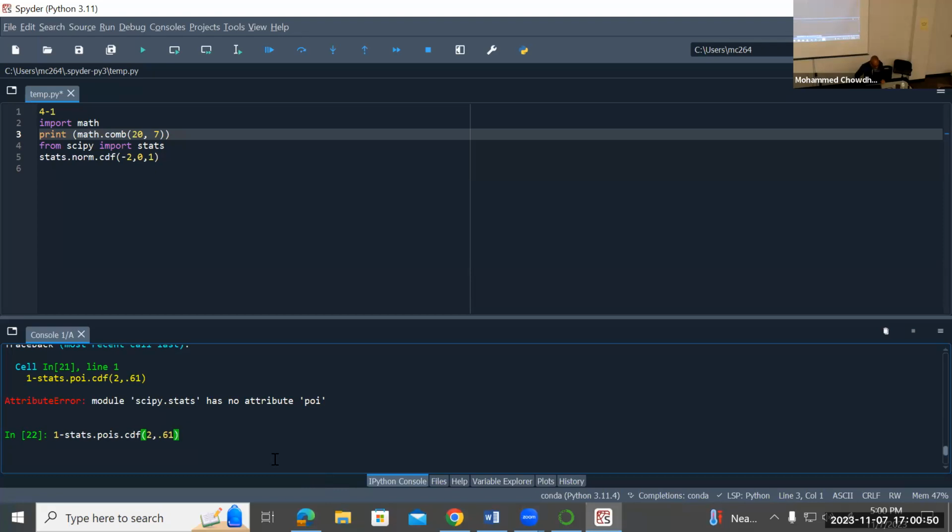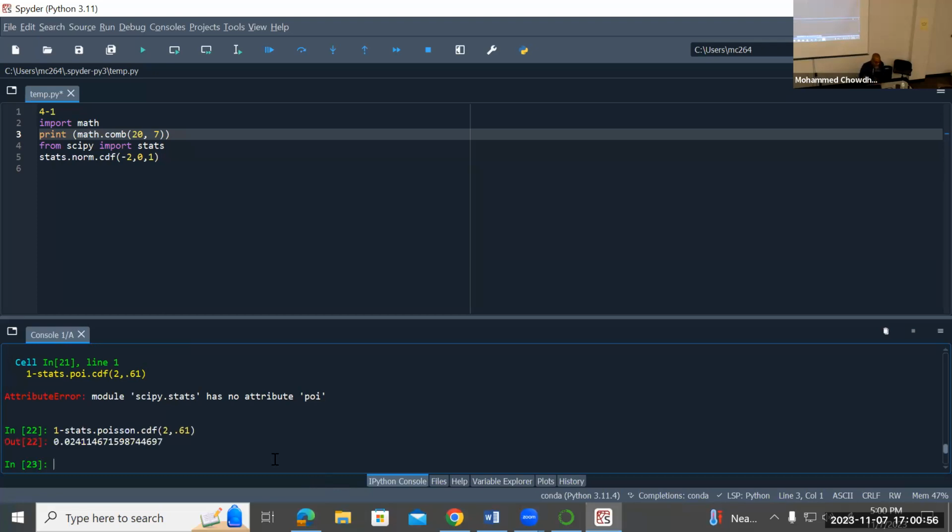Let's see if it is. Yep, I found it. It's just Poisson. For example, if I want to find the PDF, let me see.